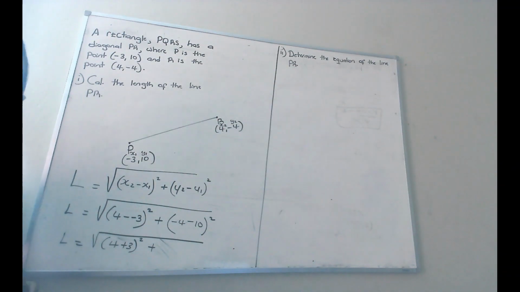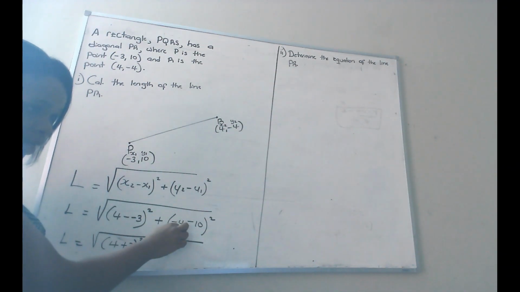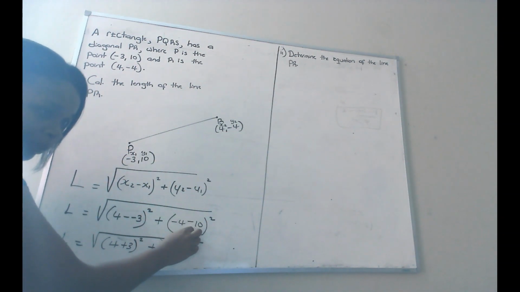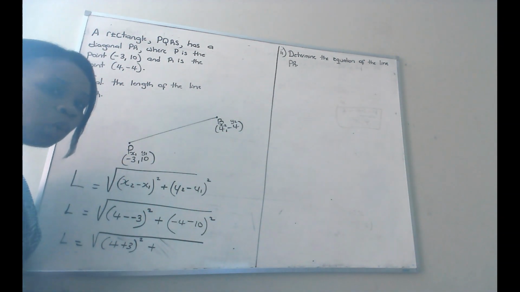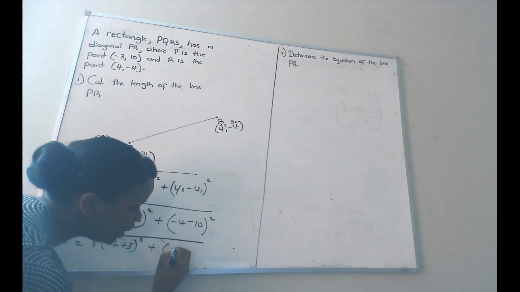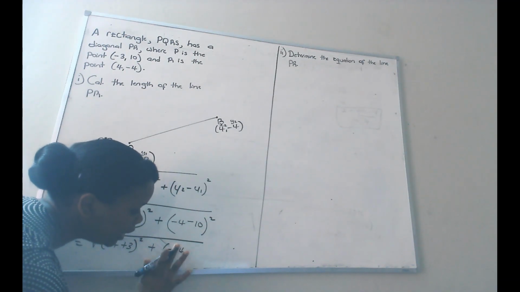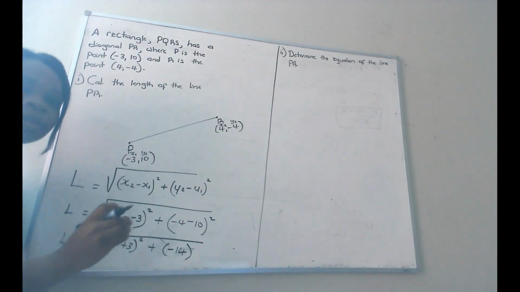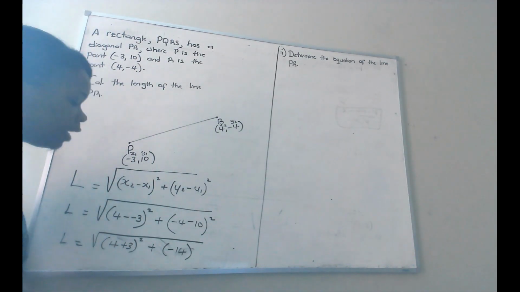This means if I owe 4, say you owe 4, and you also owe 10. In total, you owe 14. So I'm going to put minus 14. I cannot put 14 because I owe. The minus represents that I owe something.